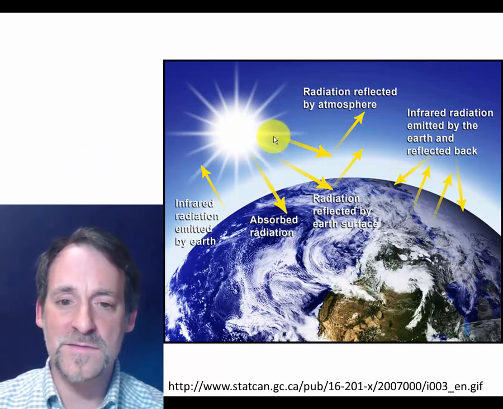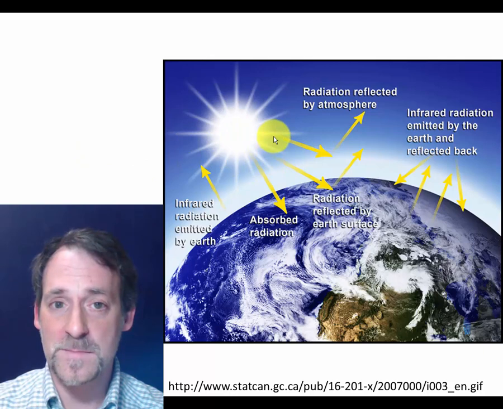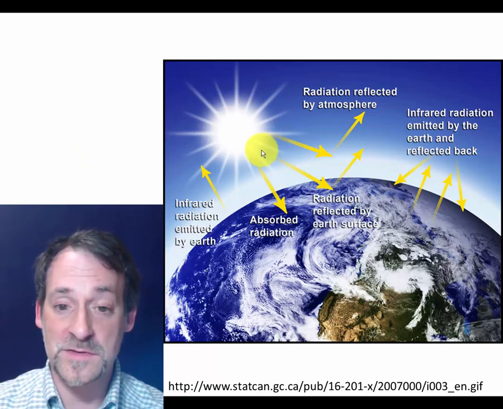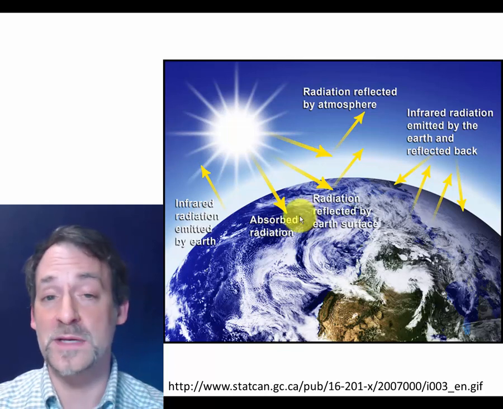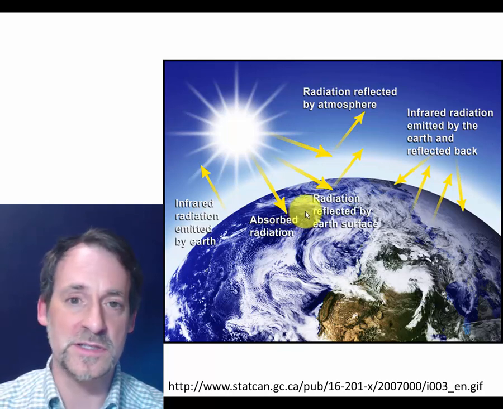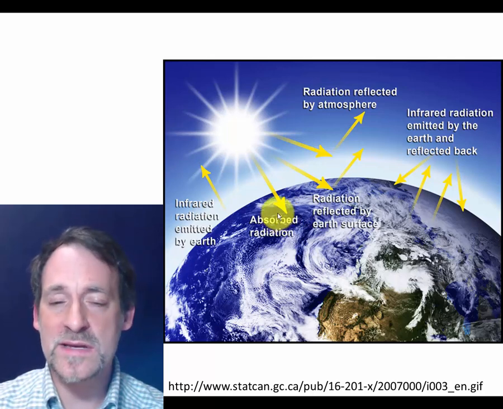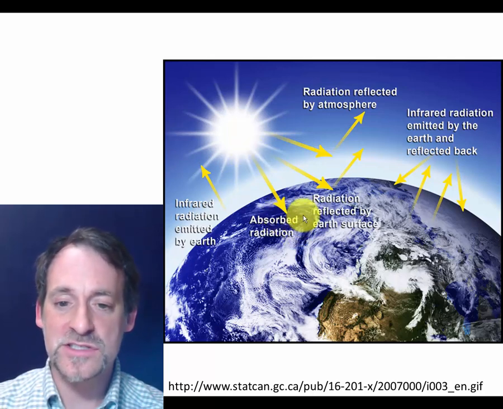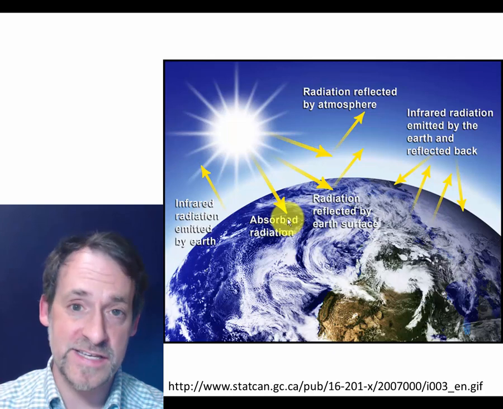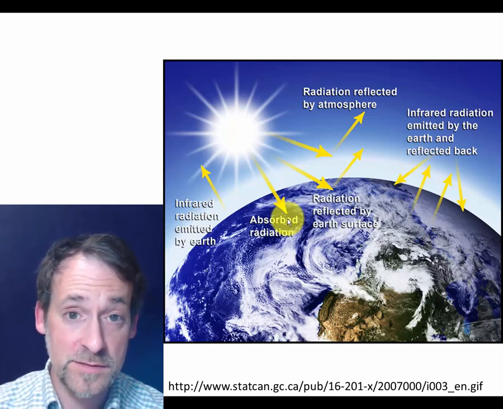But a lot of the ultraviolet and visible light that is coming down through the atmosphere clearly makes it to the surface of the Earth. If it didn't, you wouldn't be able to see anything, and you certainly wouldn't get a suntan. The problem is that when that energy strikes the surface of the Earth, it can be absorbed and then re-radiated at a different wavelength.